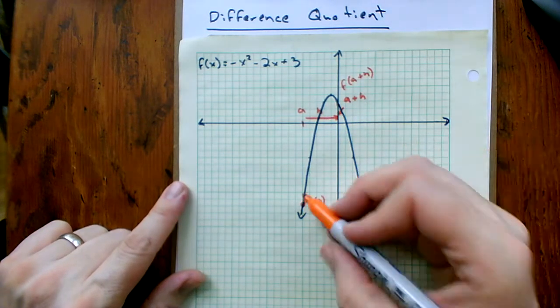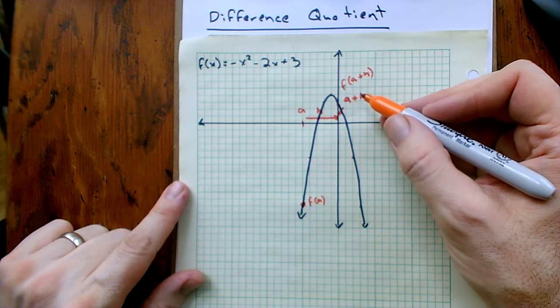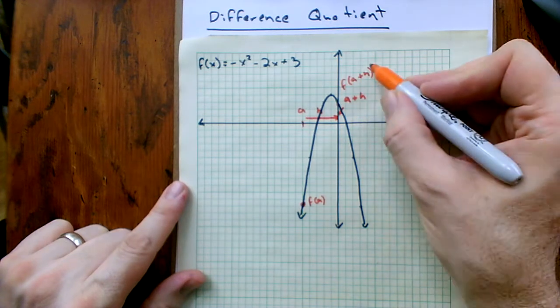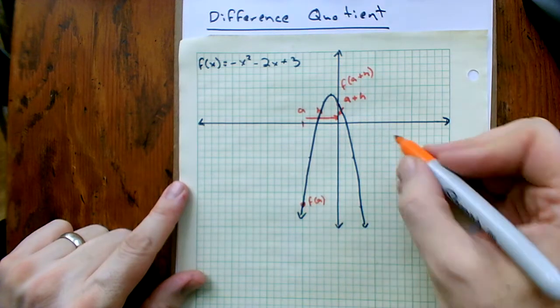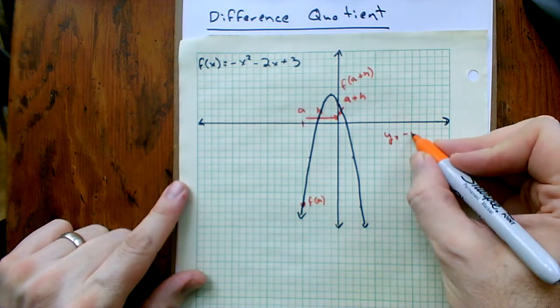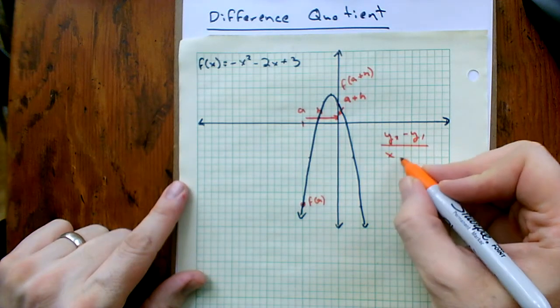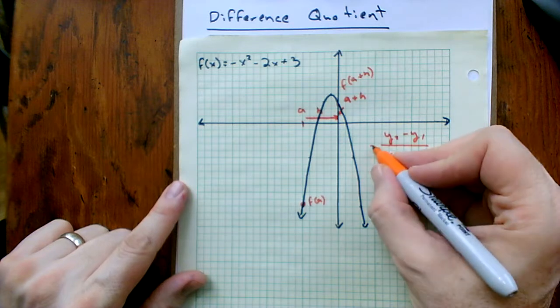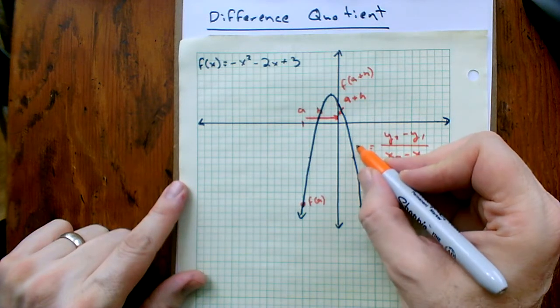So once again, I can figure out my y2 minus y1. So it's again that y2 minus y1 over x2 minus x1. This is that average rate of change.